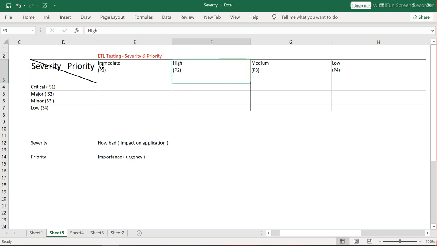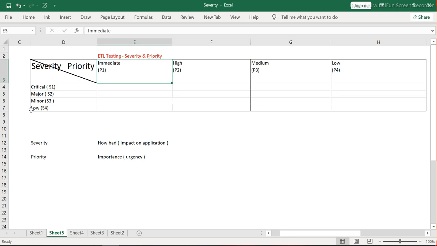Okay. So this is the top, and here the severity critical is the top. Now, the second question that the interviewer might ask you, to try to understand whether you really understand it or not, is: can you explain the immediate priority and critical severity example?